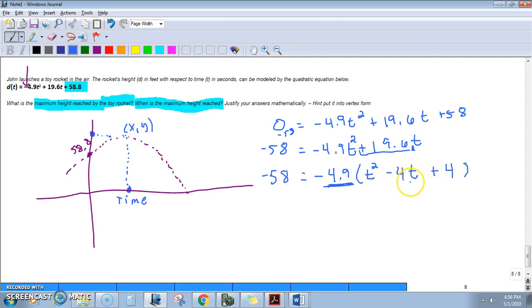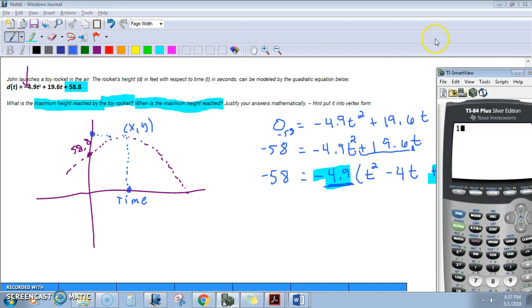Now, here's where stuff gets real. I want to erase a little bit of this over here so we have more room. I'm not just adding 4. I'm technically adding 4, but I'm adding it negative 4.9 times, right? So I'm not really adding 4. What I'm really doing is subtracting.